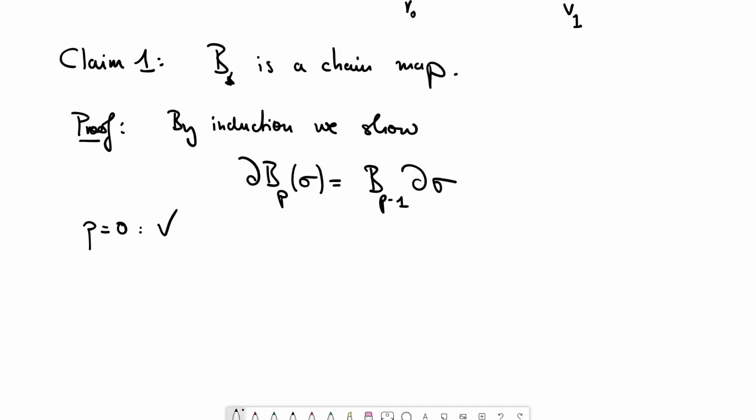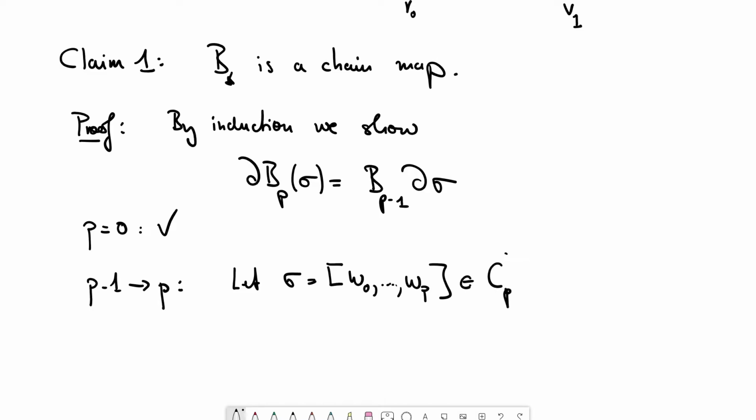So we, if you want, can formally define B_{-1} by 0. And the boundary of a zero simplex is also 0, so both sides are 0. So let's do the induction step. So let sigma be an affine singular p simplex in this complex.